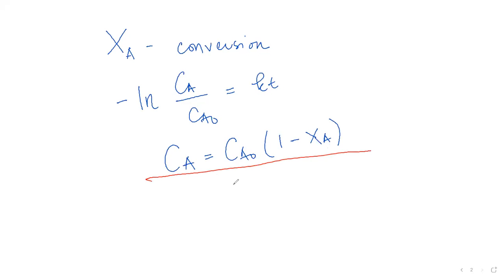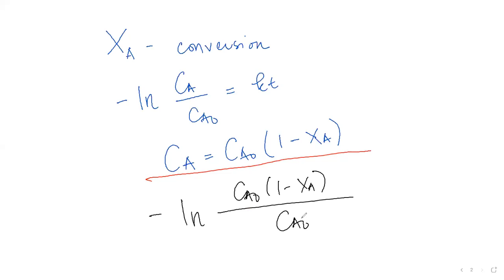So I can change the CA in here to this expression. That way I will have a different formula, and that's the formula that you saw in the slide. I will have now negative ln of, I'll change the CA there to CAO times 1 minus Xa, and I have here a CAO, and here a Kt.